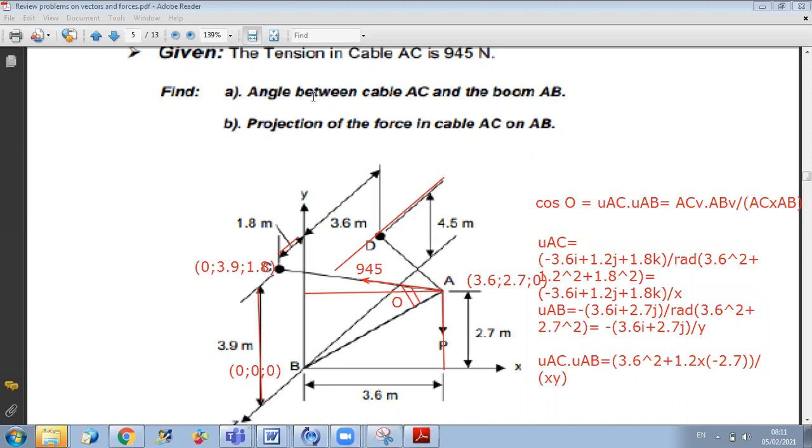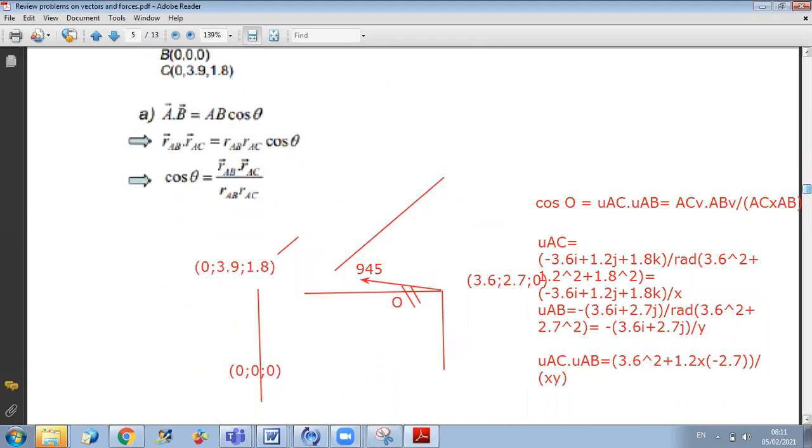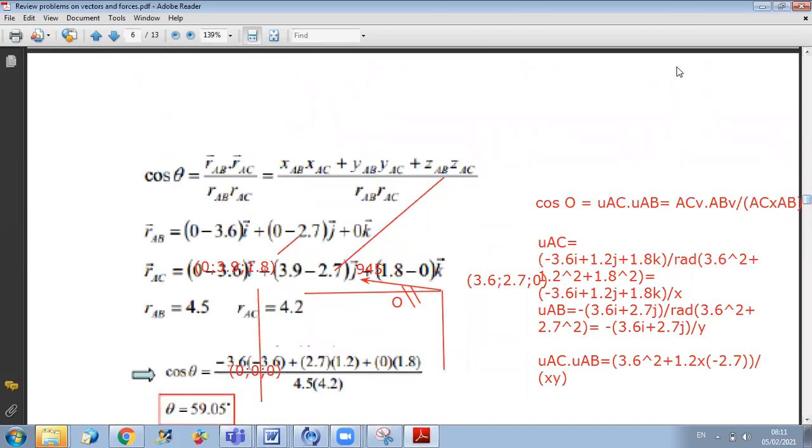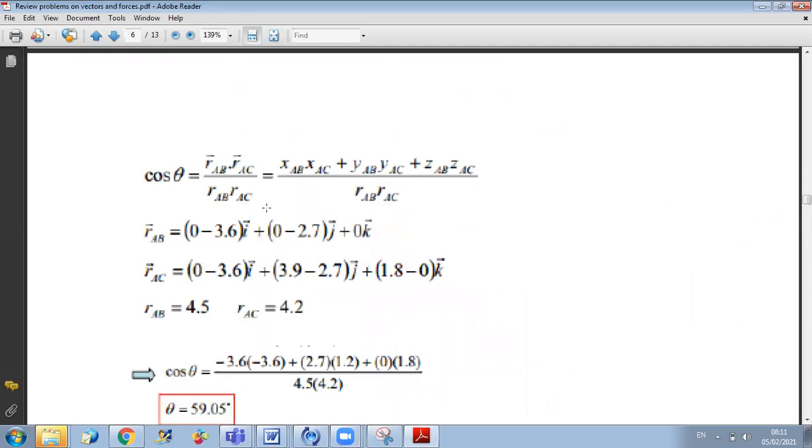So here, if you want, let us see the calculation. You have all the calculation down. What they did, instead of calculating unit vectors directly, they found first vector AB, then vector AC, and the magnitude of each. After this, they applied the dot product.